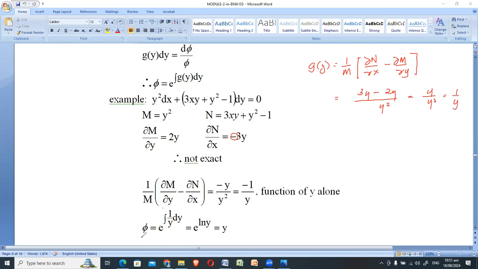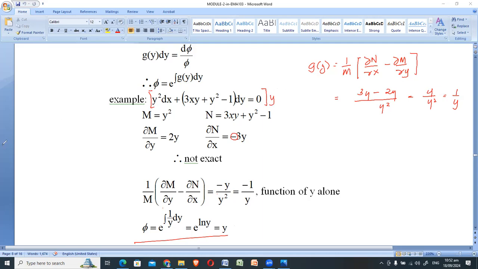So you see here now that your integrating factor is e raised to the integral of 1 over y dy, which is e raised to ln of y, which gives you the integrating factor as y. So this y will be used as a multiplier here to make it now exact. So your integrating factor is y.